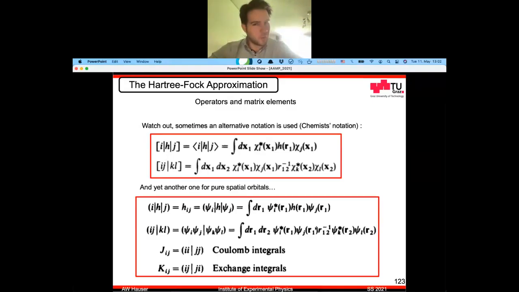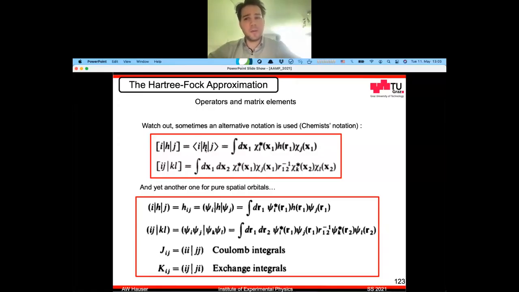Just to confuse you a little more, unfortunately, there are other notations in books. This stems from the fact that chemists and physicists approached this slightly differently, and chemists were less familiar with the Dirac notation. In some cases, it even makes sense to swap to something called the chemist's notation. It is written with rectangular brackets, this square-shaped bracket here, [i|h|j].